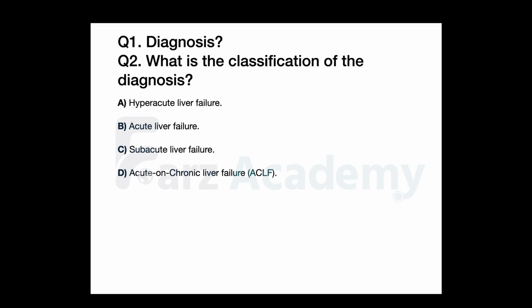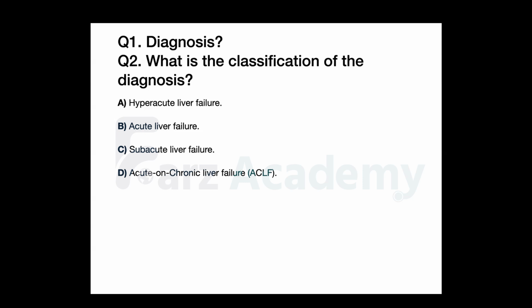Especially when you're talking about acute liver failure, it is important to understand the diagnosis, because of the prognosis and sometimes the etiology. You don't come across this classification in kidney or heart. Nobody has come up with a hyperacute kidney failure. You haven't heard of a subacute kidney failure. No, it's only in the liver.